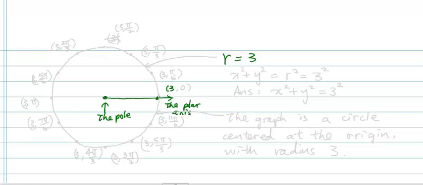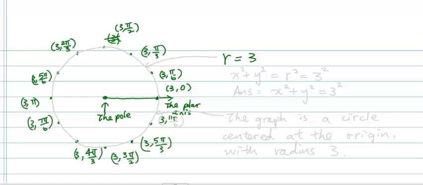So we have the point (3, 0), and then another point (3, pi over 6), and then another point (3, pi over 3), and so on. We draw many points. After we draw sufficient points, we join the points with a smooth line. It looks like a circle.